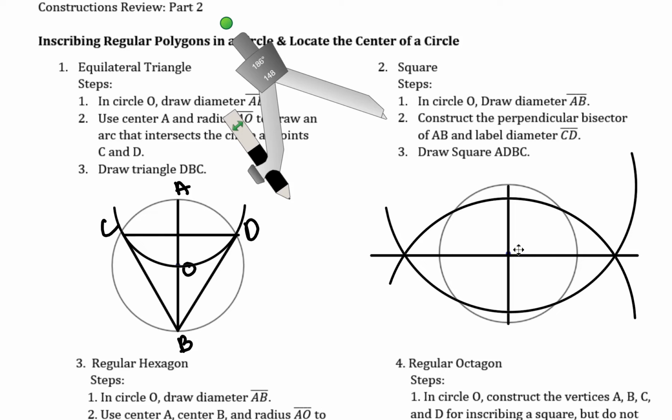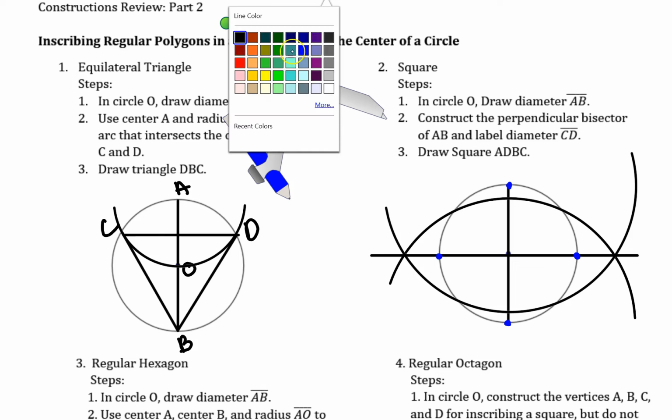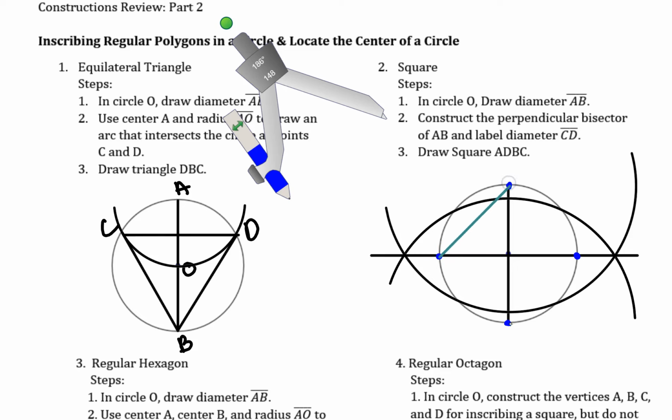Okay, so where these end up intersecting, I'll do this in a different color here. Where these end up intersecting the edge of the circle, these are the vertices of your square. And there you go.